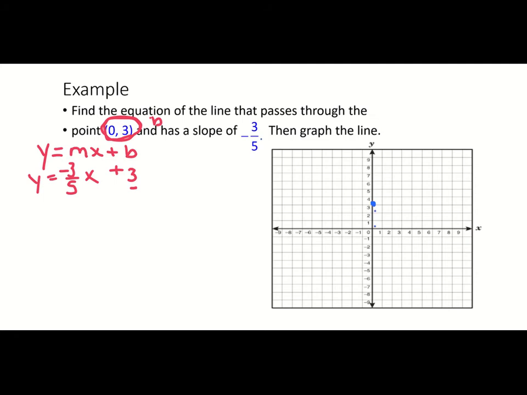And I always run to the right, 1, 2, 3, 4, 5. So right there, my next ordered pair. And again, if I wanted to do another one, I could. Let's draw our line. Again, pardon my non-straightness. I feel like it's the screen that does it. But anyways, it looks like a beautiful straight line, right, guys? But anyways, you can draw a better line on your paper, I know.